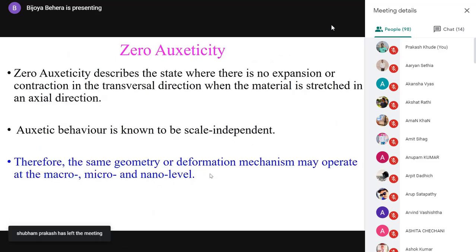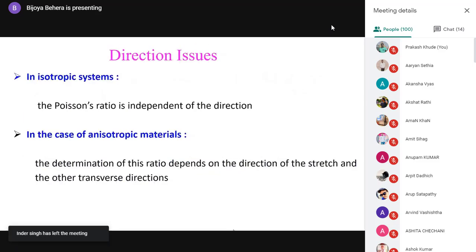A material is called zero objective material, or having zero objectivity, when there is no expansion or contraction in the transverse direction as the material is stretched in the axial direction. Objective behavior is known to be scale independent. Therefore, the same geometry or deformation mechanism may operate at macro, micro, and nano level also.